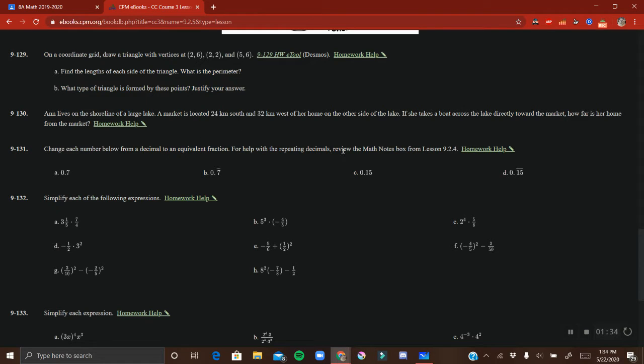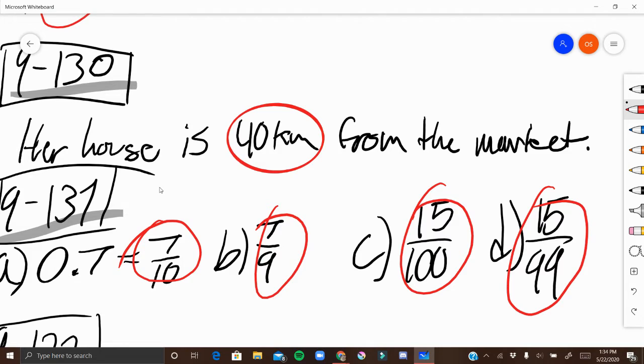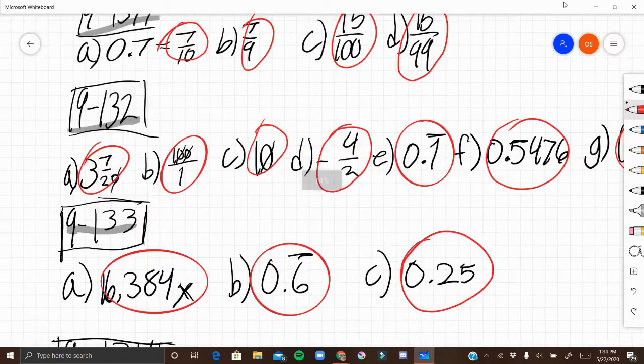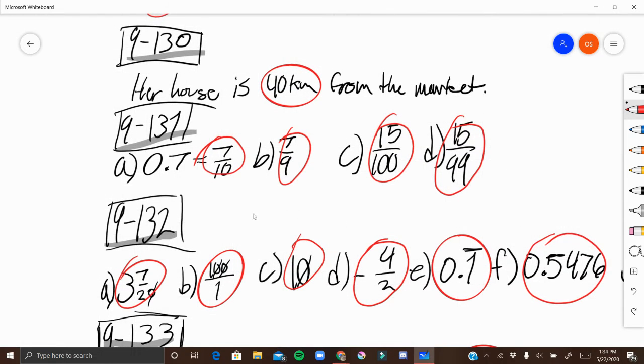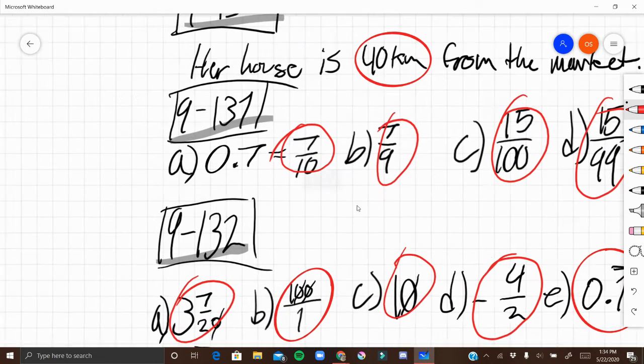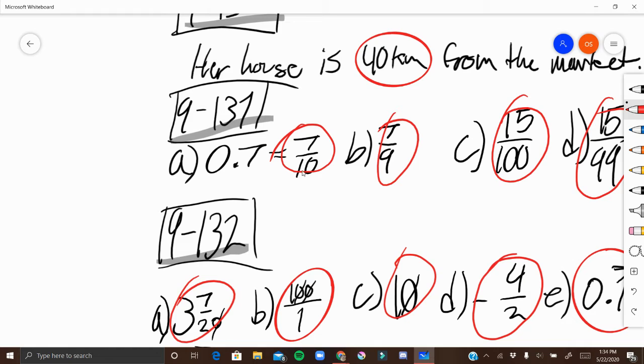All right, 931 is: change each number to an equivalent fraction. For help with repeating decimals, review the math notes of lesson 9.2.4. For this, it's really easy actually. 0.7 is equal to 7 over 10. 0.7 repeating is 7 over 9.